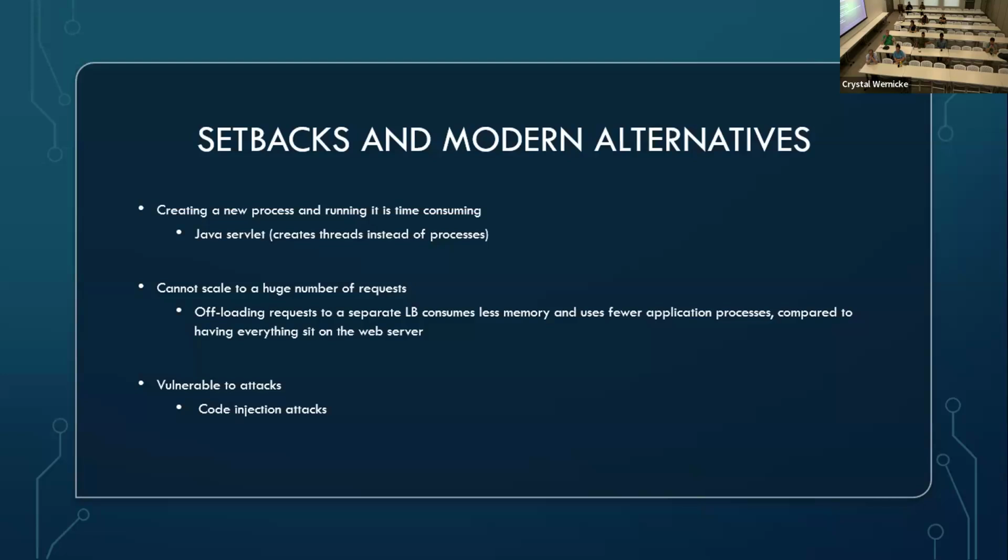So Java Servlet is the analogue of the CGI that I demonstrated. What it does in Java is create threads instead of processes, and not just threads, virtual threads, which are much more lightweight compared to a process running in an operating system. I think if you're a Java enterprise developer, this is what they currently do to this day.